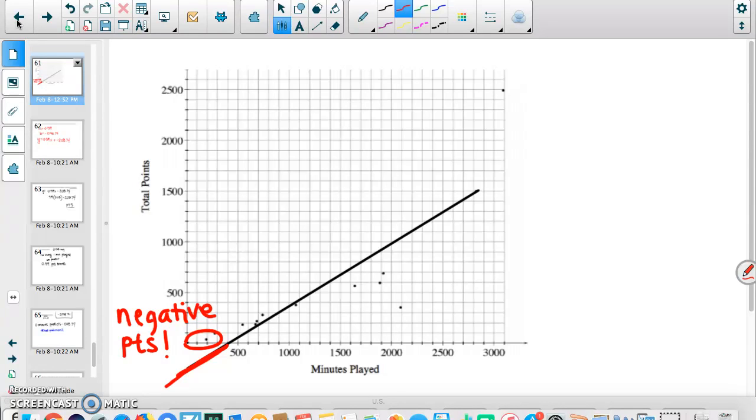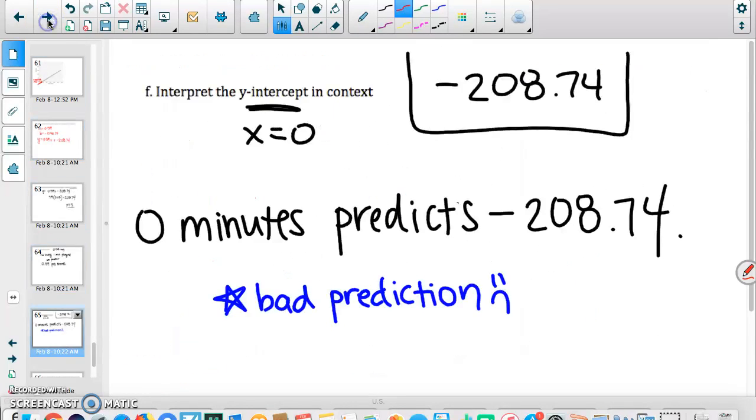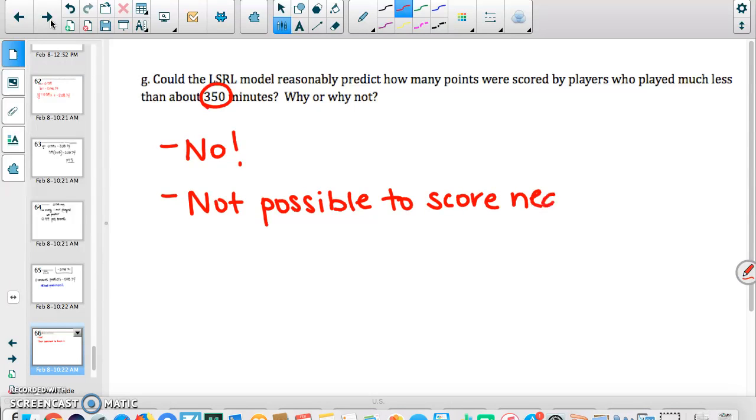So even though these data points are within our data set, because there's not many of them, our line of best fit is being pulled in another direction. And so even those predictions aren't always going to be accurate. So absolutely no, not possible to score negative points.